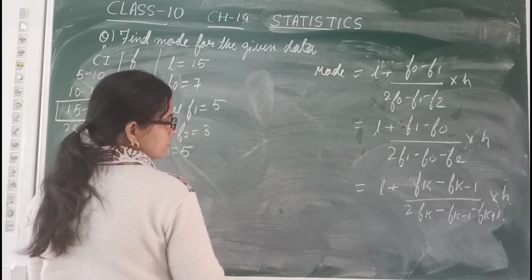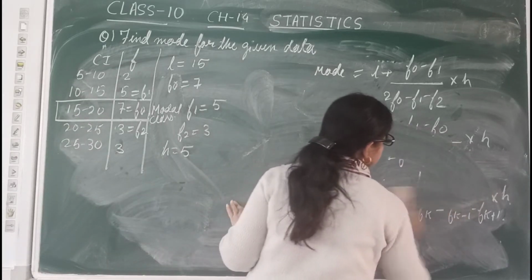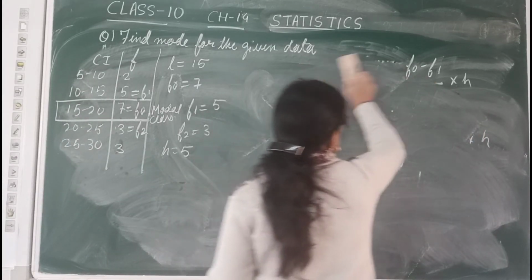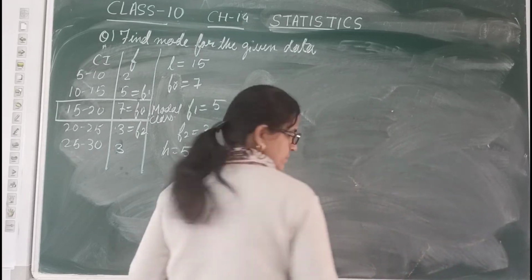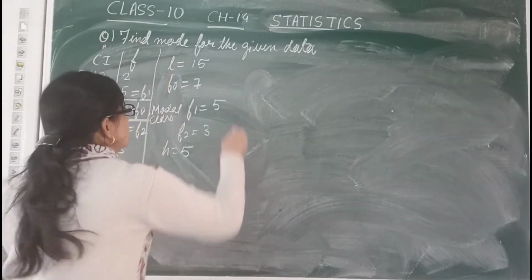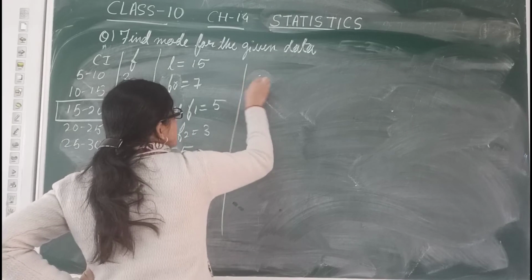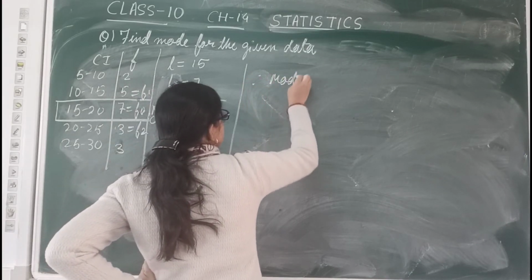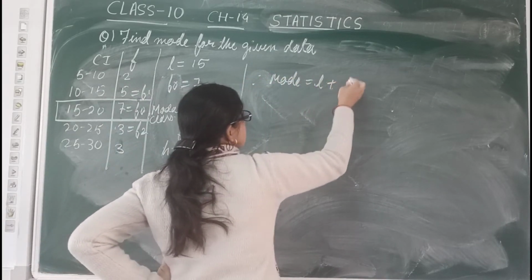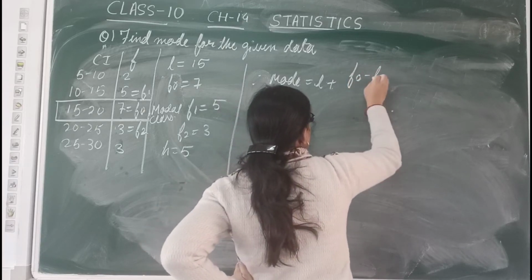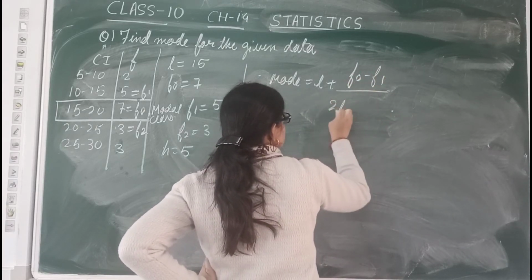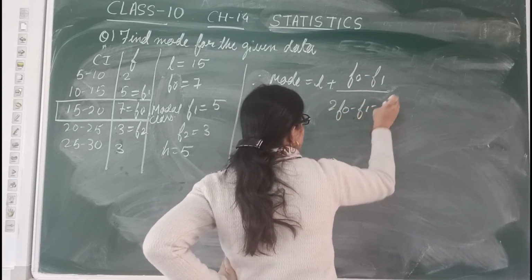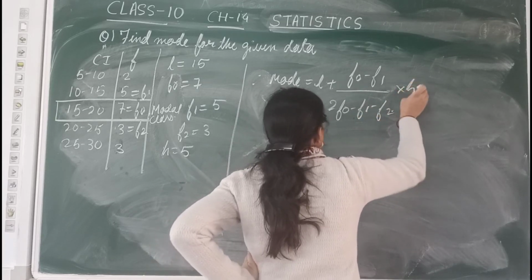So mode equals, I am doing this out. Therefore, mode equals L plus (F0 minus F1) by (twice F0 minus F1 minus F2) into h.